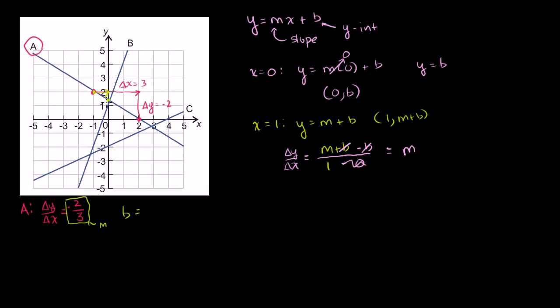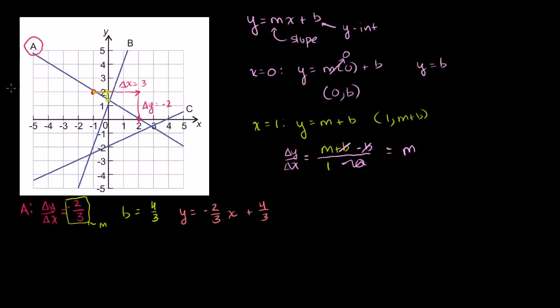So this right here must be the point 1, 1 1/3. Or another way to say it, we could say it's 4/3. That's the point y is equal to 4/3 right there, right? A little bit more than 1, about 1 1/3. So we could say b is equal to 4/3. And so we'll know that the equation is y is equal to m, negative 2/3, x plus b, plus 4/3.